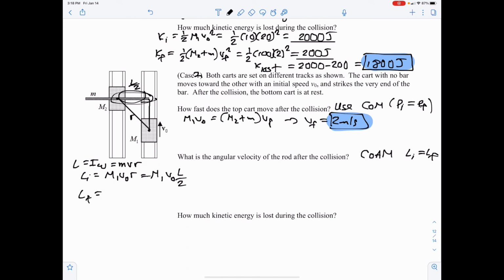Now final, what's going to happen afterwards is you're going to have rotation about the center.